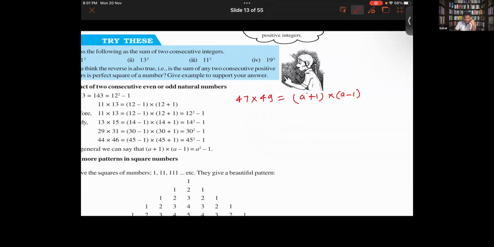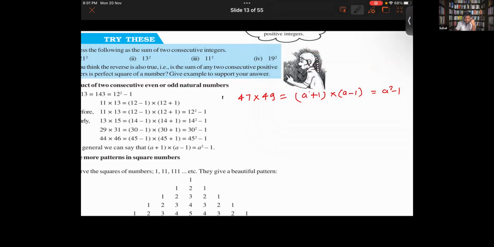So first question, who would like to solve this one? Okay. Second question is 51 multiplied 53 equals a plus 1 multiplied a minus 1. I will be coming to you for the answer in just a moment. Second question, would you like to do this one? Okay, sir.